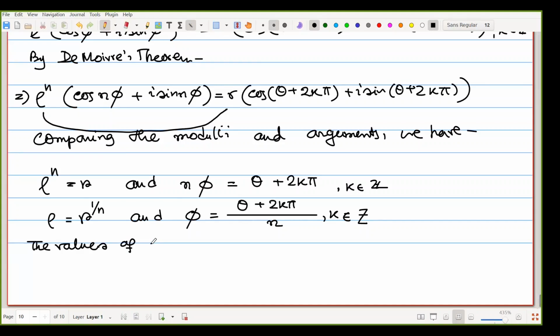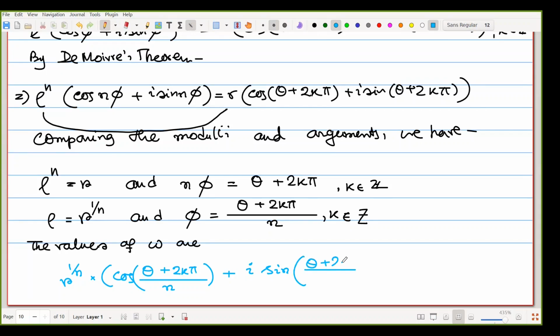So the values of omega can be written, in place of rho, as r to the power 1 by n times cos of phi, where phi is theta plus 2k pi divided by n, plus i sin of theta plus 2k pi by n, where k belongs to z.